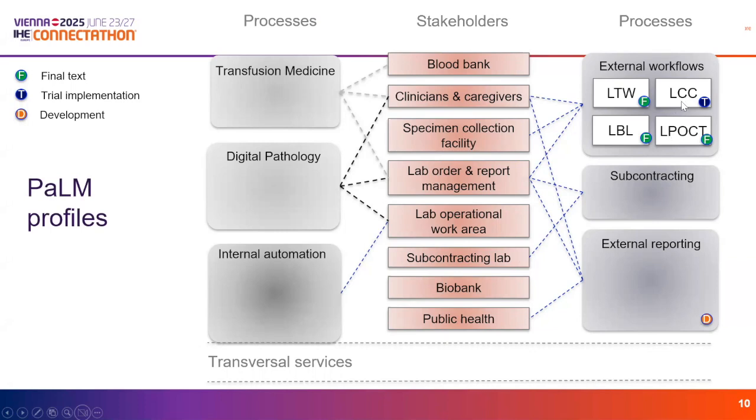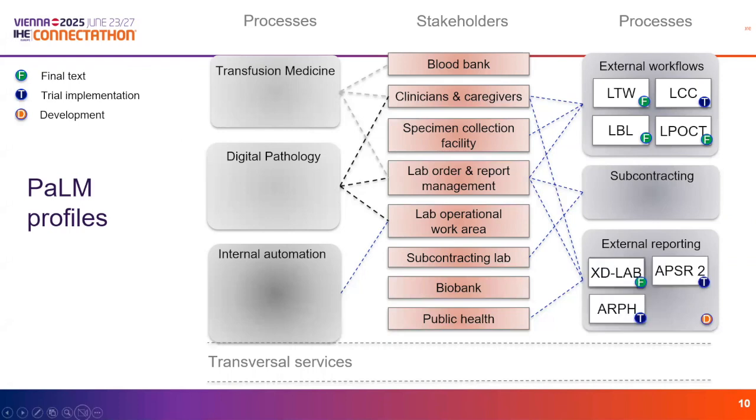The laboratory clinical communications profile is a trial implementation supplement for making adjustments to those orders, where the lab could propose new tests, other tests, or the provider can ask for more clarification. The labeling profile helps with getting the labels that the lab needs onto the specimen at the clinician's offices, and then the point of care testing result reporting.